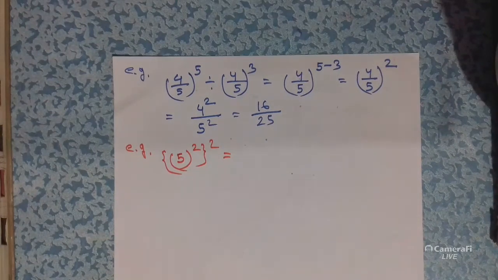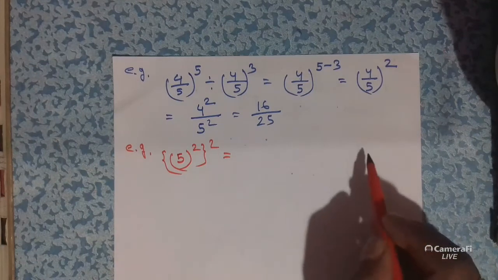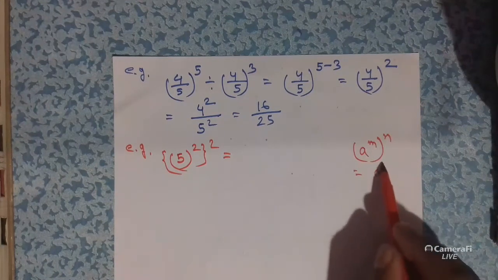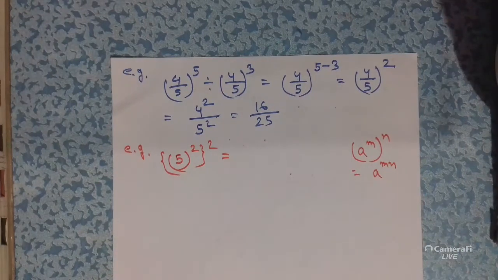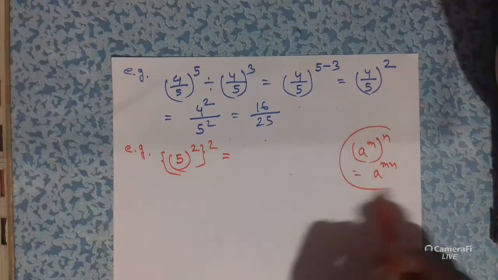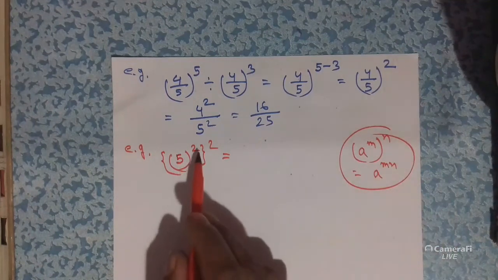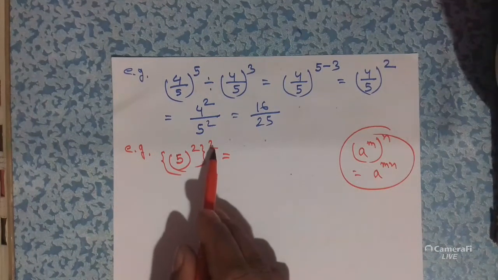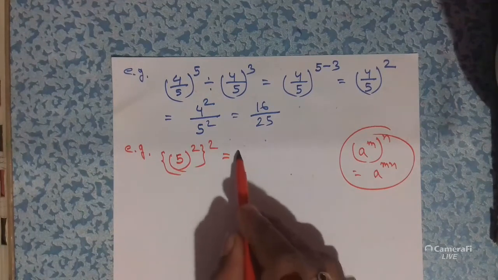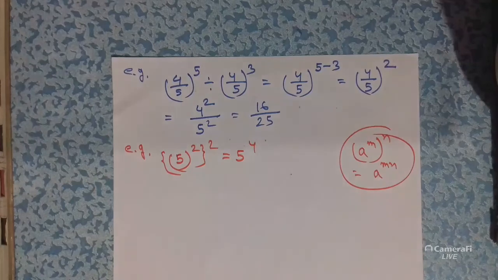In this case, students, as I told you, if (a to the power m) to the power n, then a to the power mn should be there, so the powers should be multiplied. So in 5 to the power 2 to the power 2, the exponents should be multiplied. 2 multiplied by 2 is 4. So it will be 5 to the power 4.